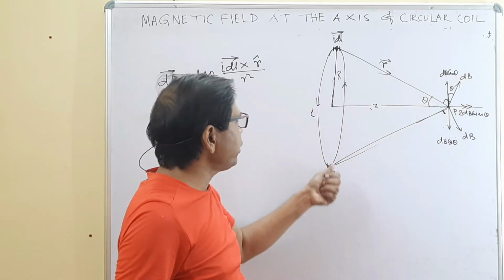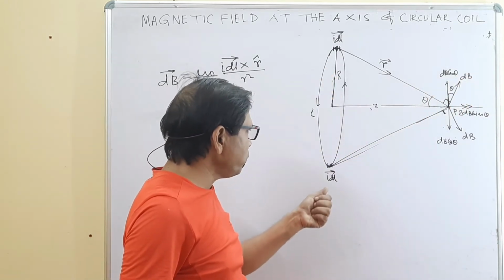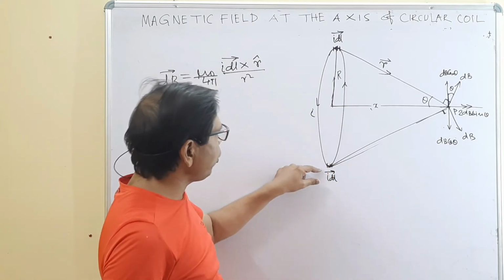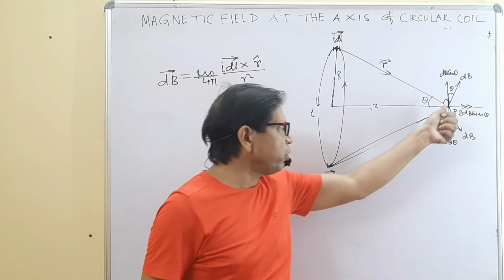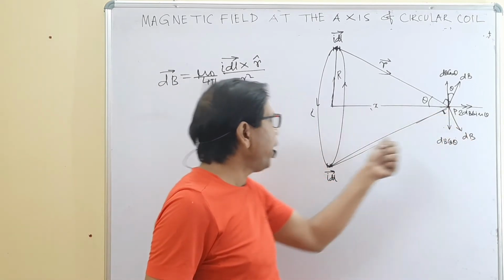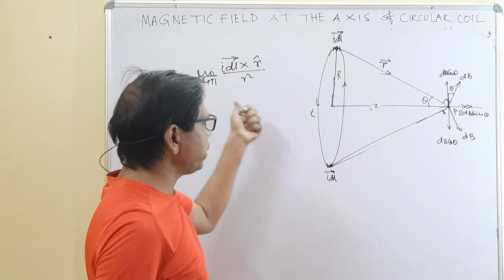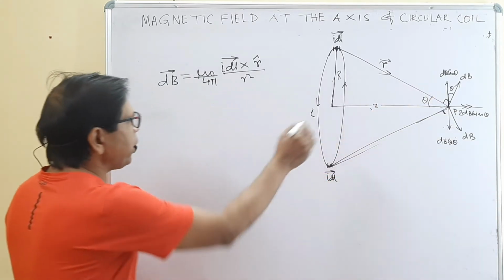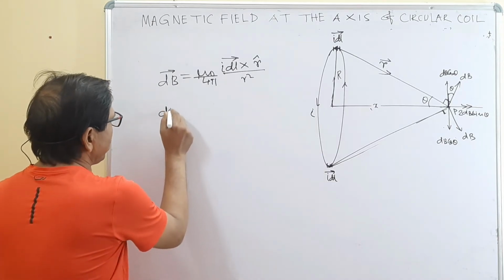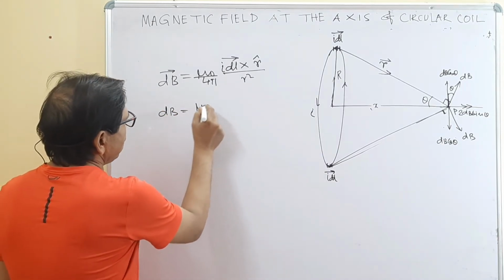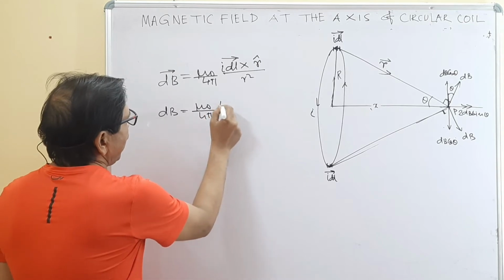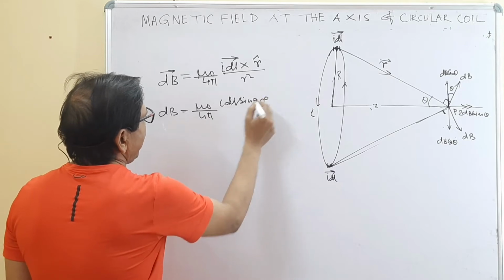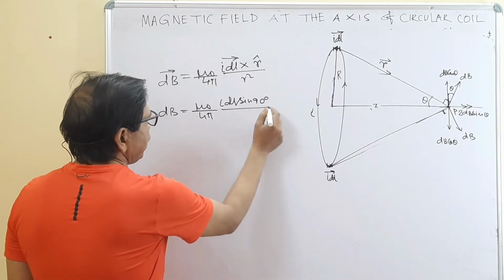Okay, now the magnetic field due to another current element I dl vector, which is diametrically opposite to this, is also directed along this direction and has the same magnitude as that of it. Okay, so the magnitude of magnetic field dB becomes, look at this, mu naught by 4 pi I dl sin 90 degree divided by r square.